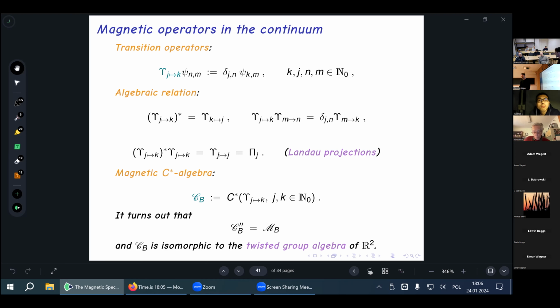But wait, one is compact, one is unital, one is not. No, it's not unital. There is no unit in the system. So it's not Toeplitz in the usual sense. Toeplitz algebra is unital. But this algebra is definitely a generalization in some sense. The units are just the Landau projections. There is no unit in this system.